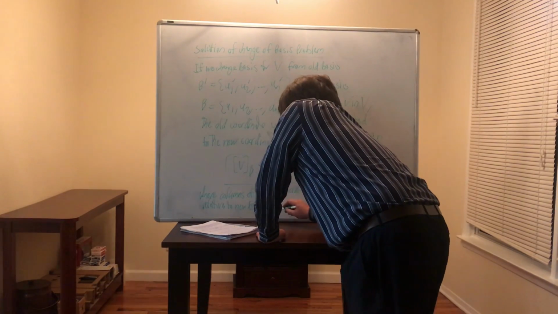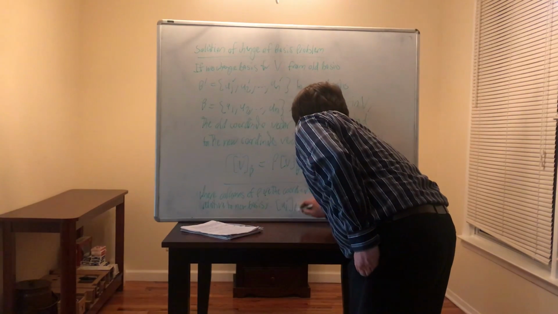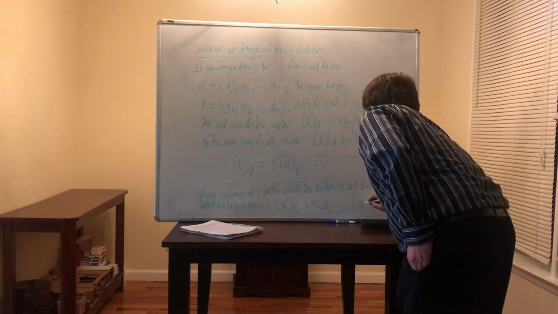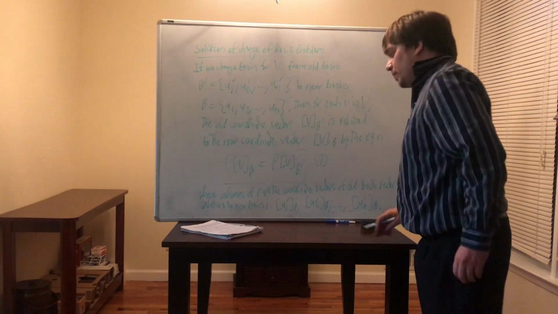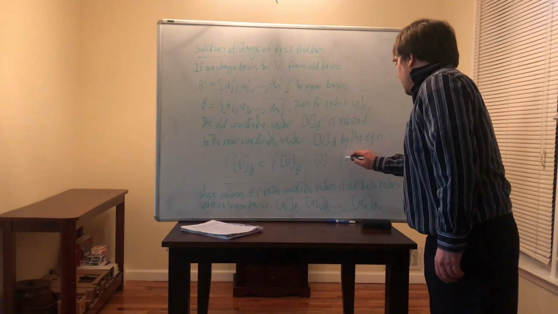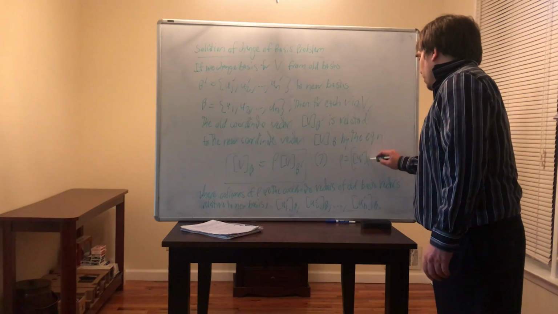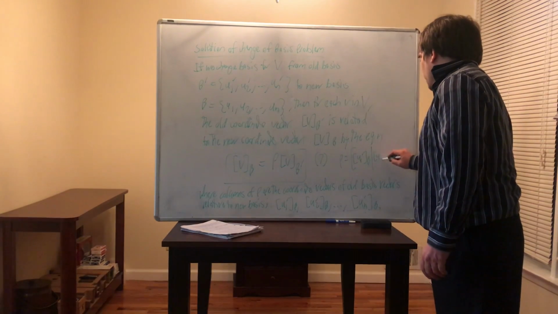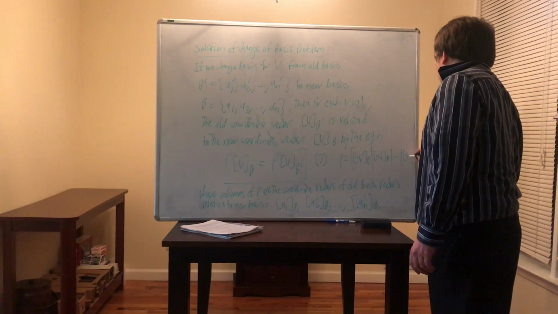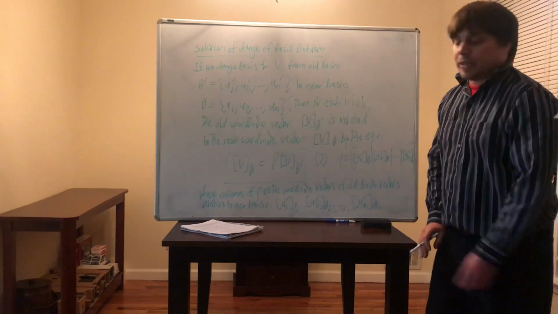Or, in other words, it's the coordinates of u1 prime relative to B, u2 prime relative to B, dot dot dot, the coordinates of un prime relative to B. So this matrix P, its first column is the coordinates of u1 prime relative to B, the second column is u2 prime relative to B, dot dot dot, the last column, the nth column, un prime relative to B. Those are the n columns of P.